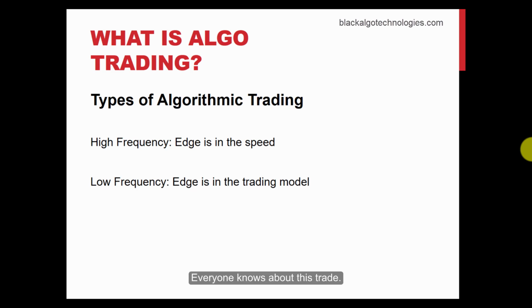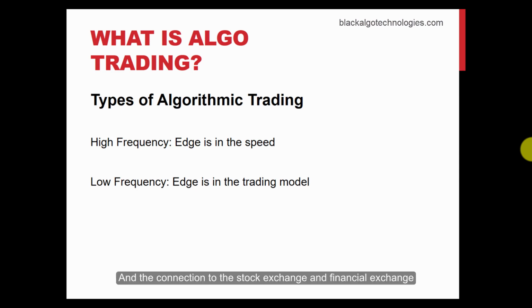So everyone knows about this trade. It is what they call an arbitrage trade. So if everyone knows it and everyone is trying to do it, the one who is doing it the fastest will win. Therefore, high frequency is about speed. You have hedge funds, asset management firms, banks firing thousands of trades per second.